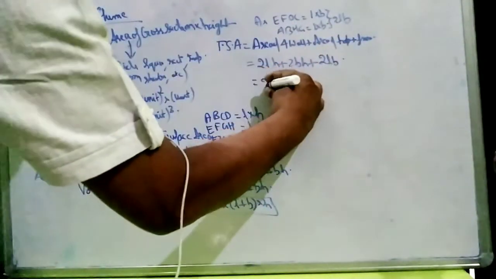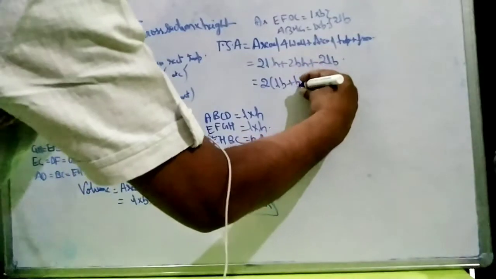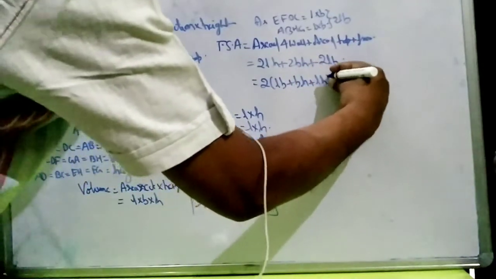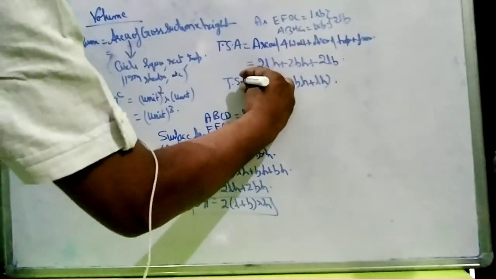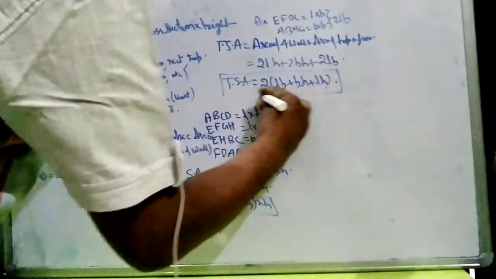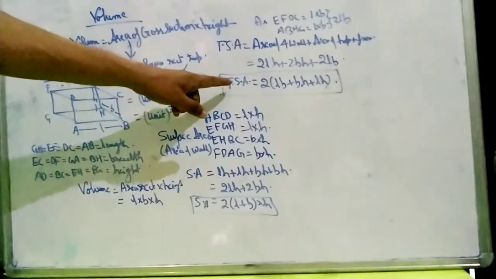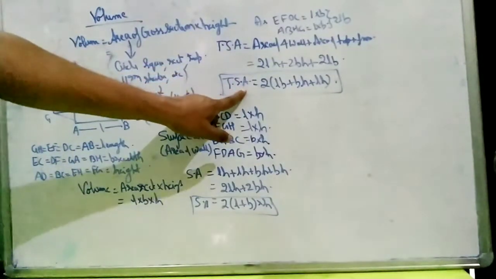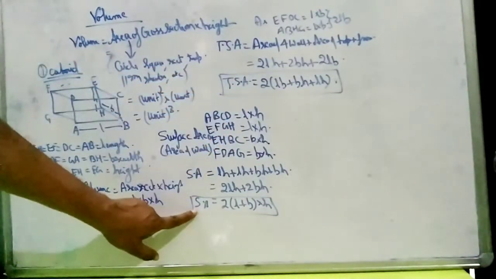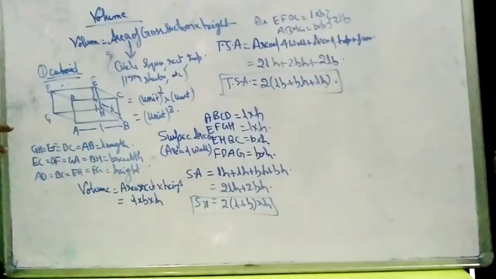If we take common, 2(LB plus BH plus LH) will give the total surface area of a cuboid, and that will be measured in unit square, because it is area which we are calculating. This is also area, and this is the volume which we are calculating.